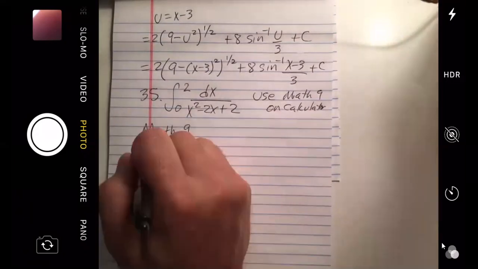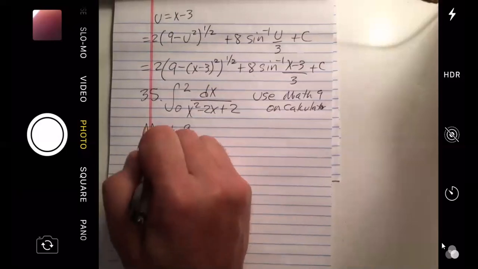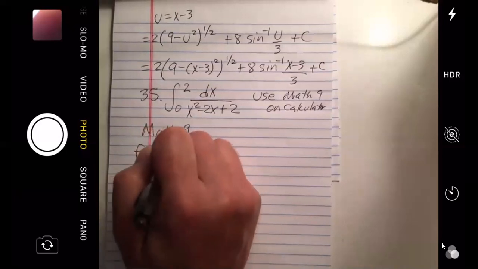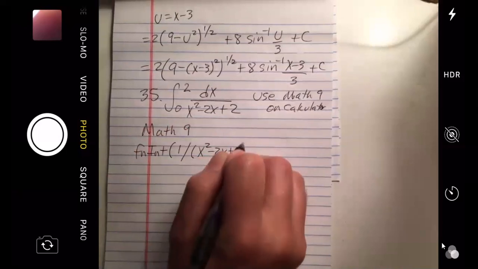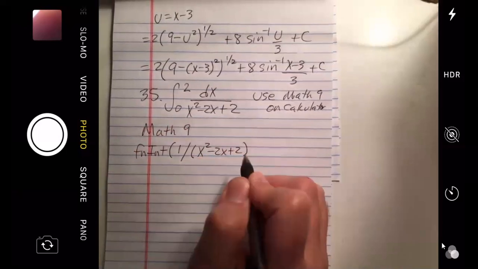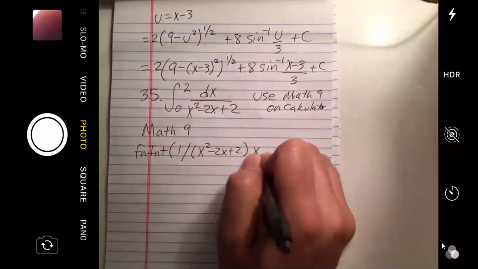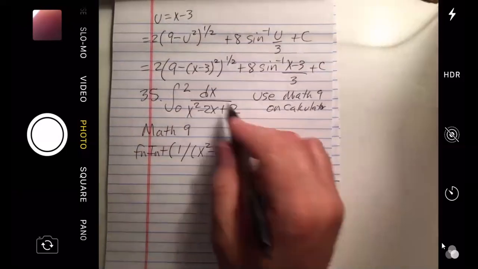I've got the old interface, so mine comes up function integral. First thing is my formula. I'm going to go 1 divided by parentheses, x squared, the x is right here just like your graph, squared minus 2x plus 2, close, comma. I put an x for the dx, comma.